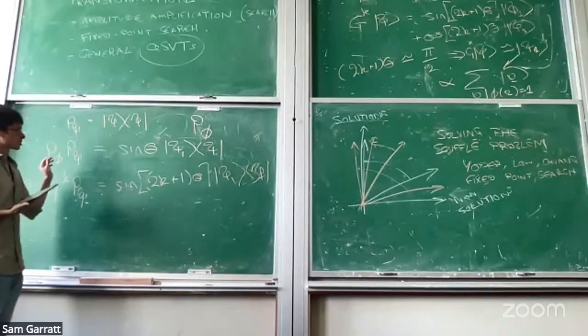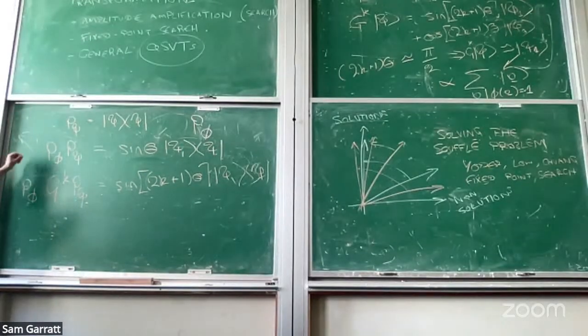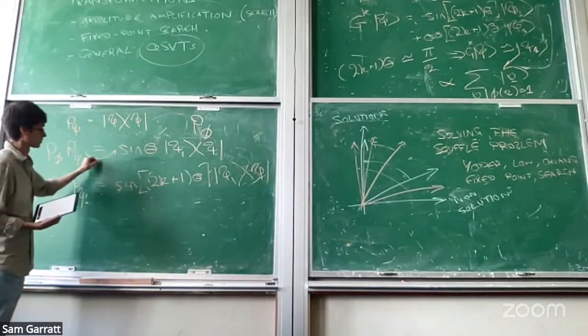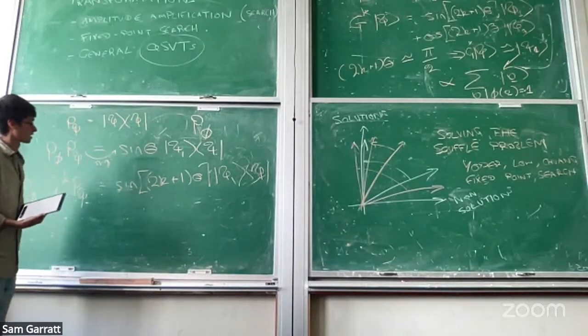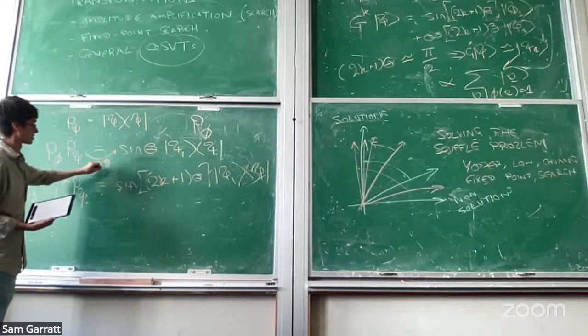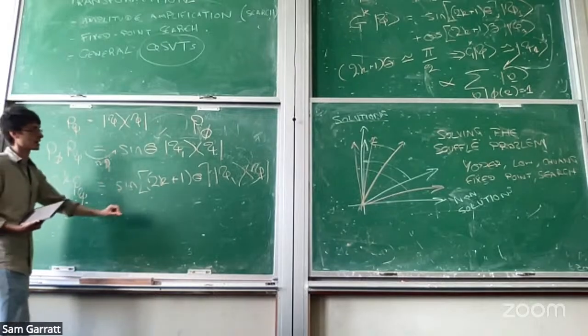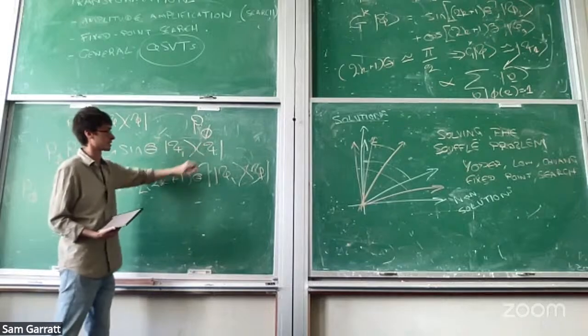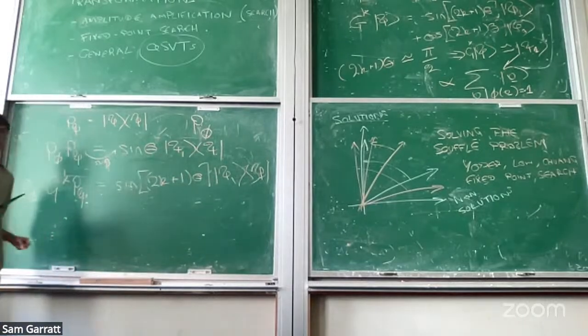Okay, so the point is that if we look at this first line, we can also view this thing as the singular value decomposition. On the right-hand side, it's the singular value decomposition of this object, right? I'll talk a bit more about that in just a moment. The singular value decomposition here has some left singular vector, a right singular vector, and some singular value, in this case sine theta.